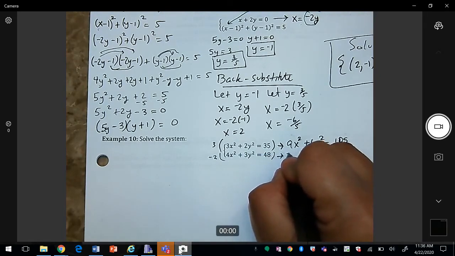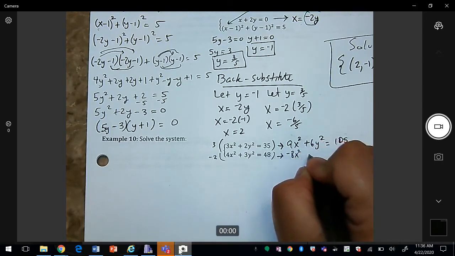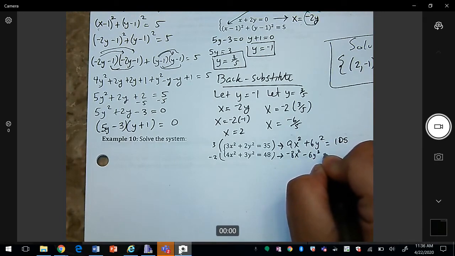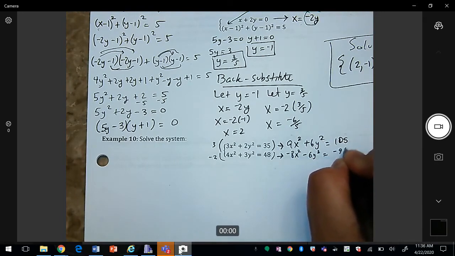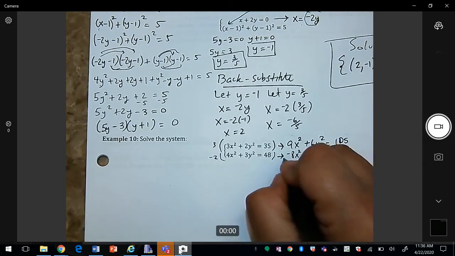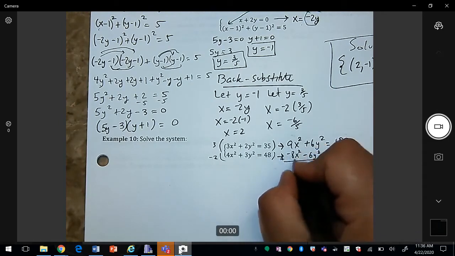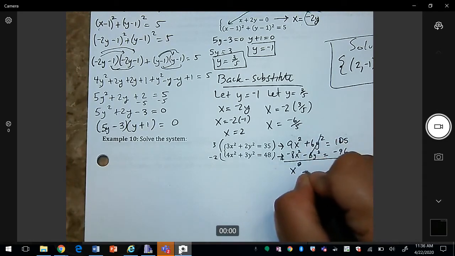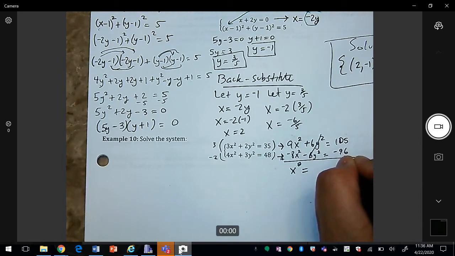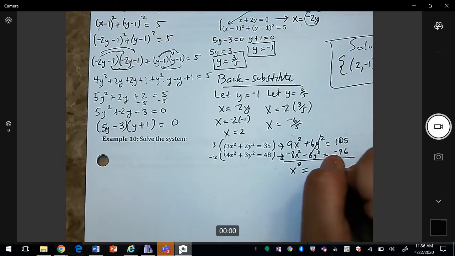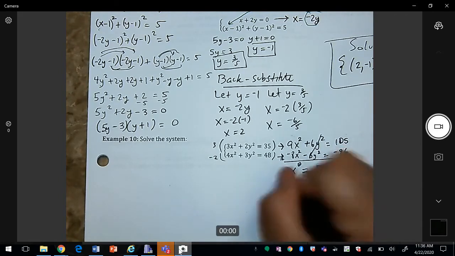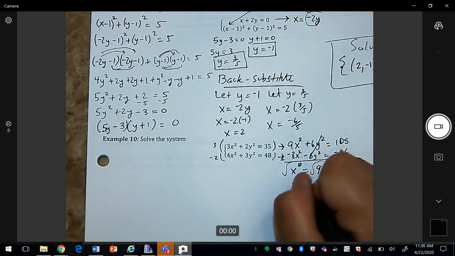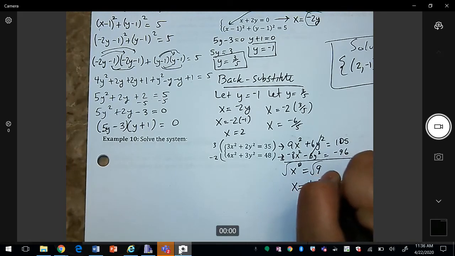So this would be negative 8x squared minus 6y squared is equal to negative 96. So if we add this, we get x squared, this would be 0, is equal to 9. Take the square root, so x is equal to plus or minus 3.